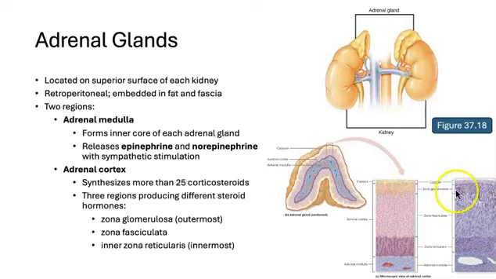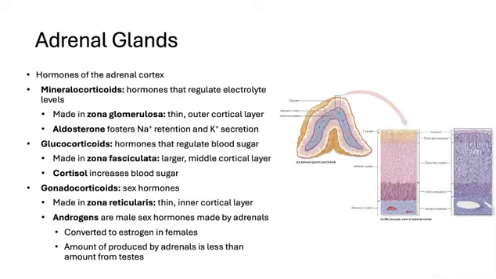We have the outermost, which is the zona glomerulosa, middle is our zona fasciculata, and the innermost is called our zona reticularis. And next, let's talk about some of the hormones that it is going to secrete. So first off are the mineralocorticoids, and they are going to regulate electrolyte levels. We find that these are synthesized within the zona glomerulosa.